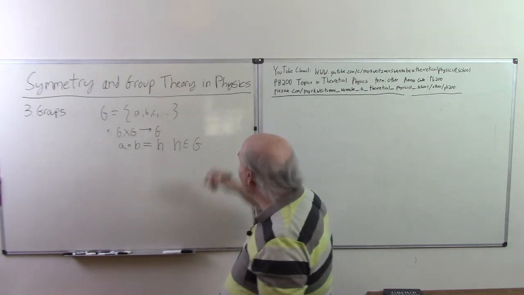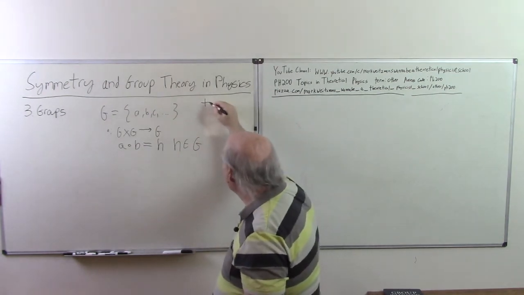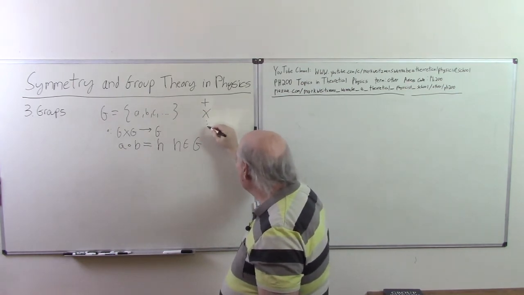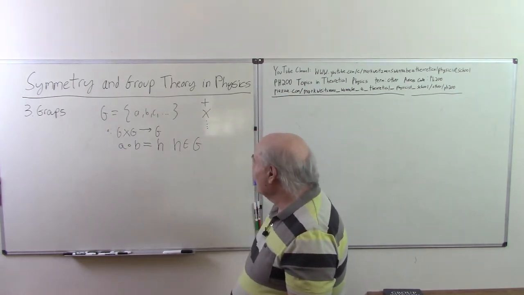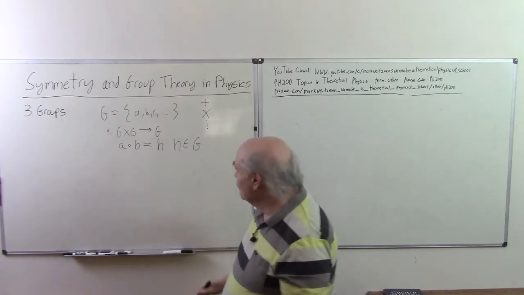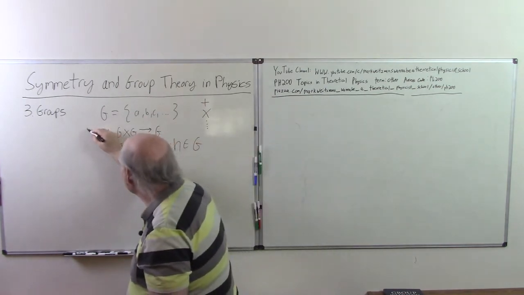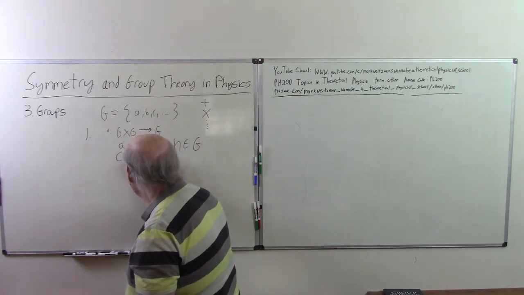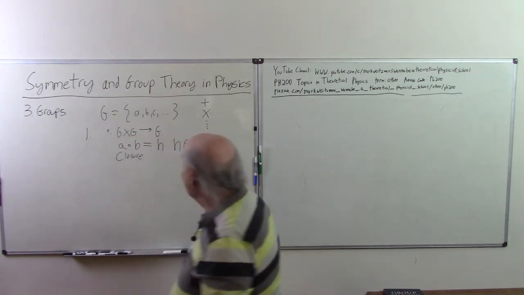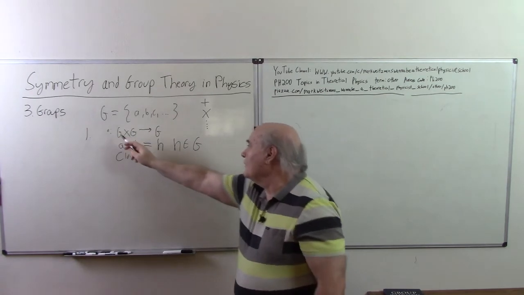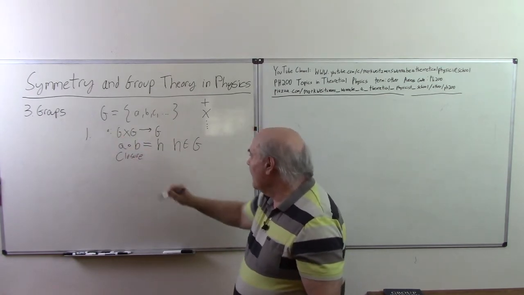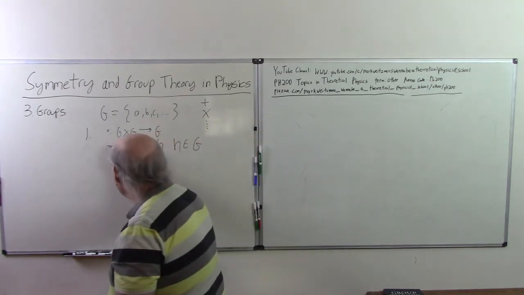In mathematics, the group operation could be plus, it could be times, all kinds of other operations. It's got to satisfy 4 rules. This is the first one. I'm going to call this closure. And we're not going to use this function notation anymore. We're always going to write A composite B, and what we're really going to do is just leave out the operation.